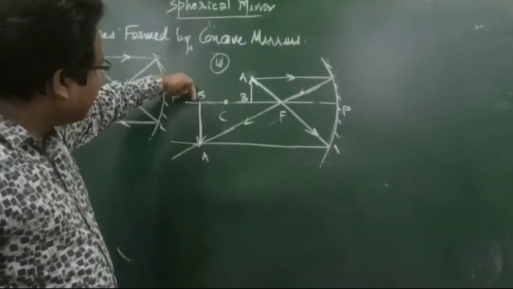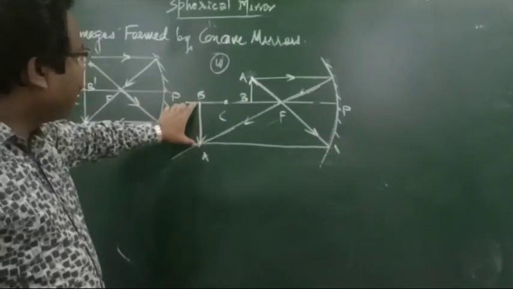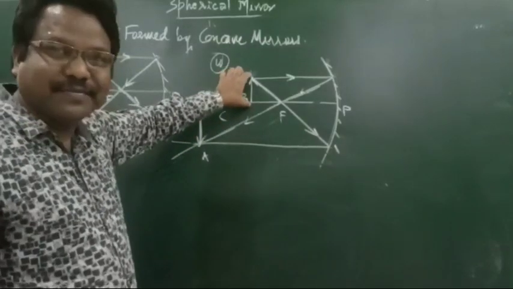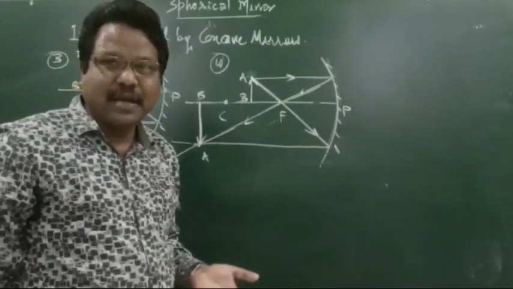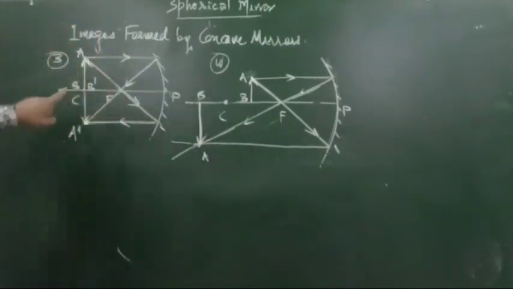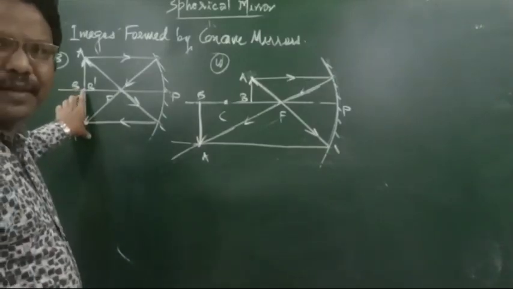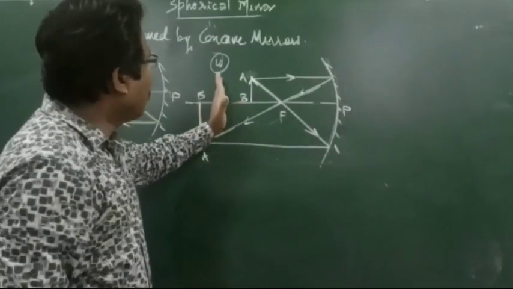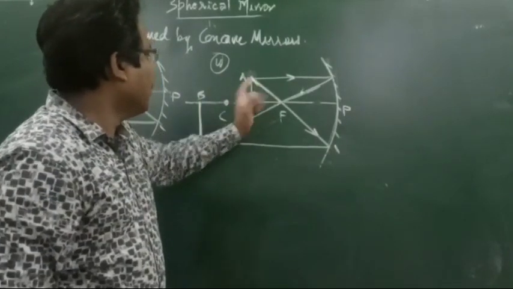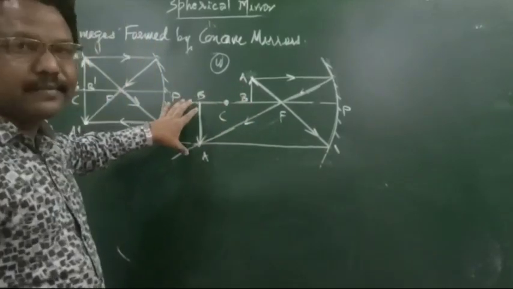The image formed is what? Inverted. Okay, you can see it is bigger than the object, so it is magnified. So when you keep the object at the center of curvature, the size is the same. But when you bring the object closer towards the mirror, within the center of curvature, the magnification starts.